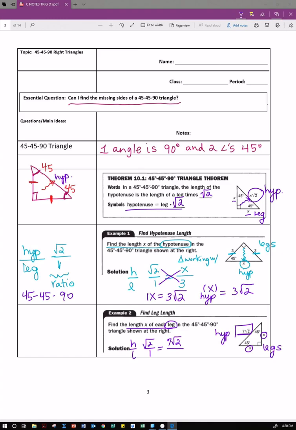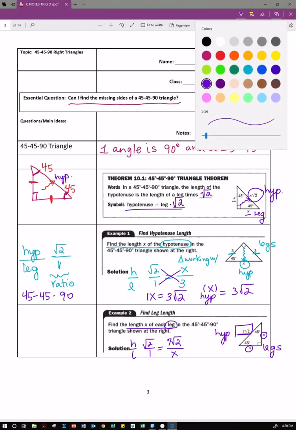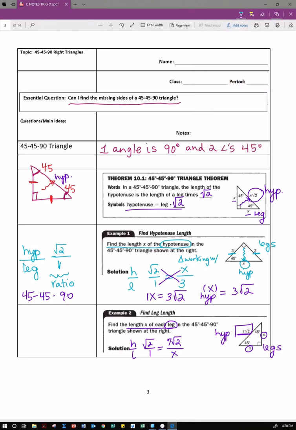And then the leg is x. So the leg is on the bottom, so the x goes on the bottom. Now go ahead and cross multiply. 7 times the square root of 2 equals x times the square root of 2. That's just x times the square root of 2.